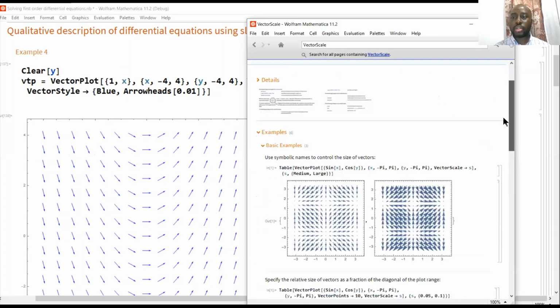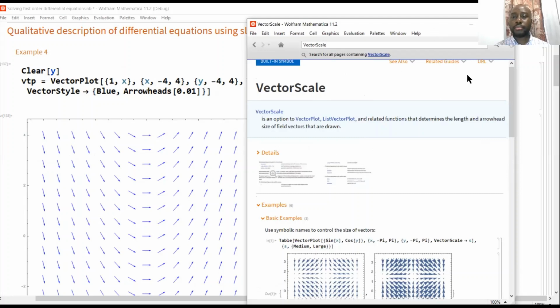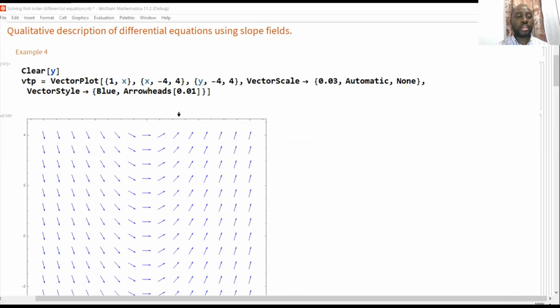And then when you're done, you just close the documentation center. This is the fastest way to learn Mathematica. You will not be able to know all the inbuilt functions that are available. You just learn them when you need them, and you just go and type them and you can learn more about them. Okay, so that's about the vector scale option here.